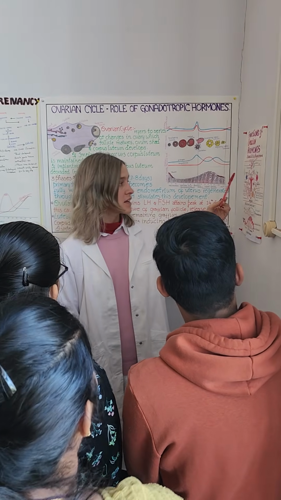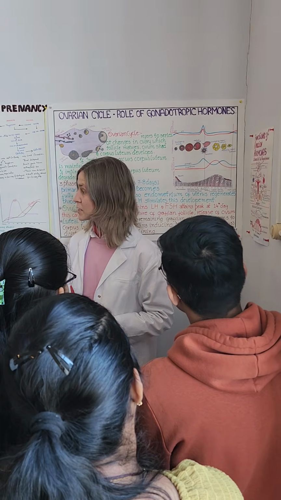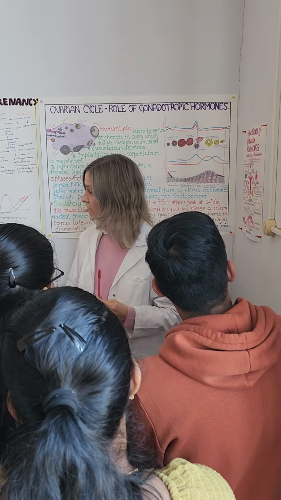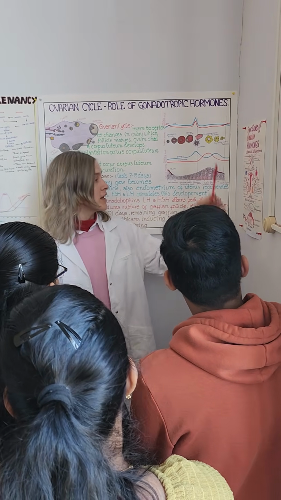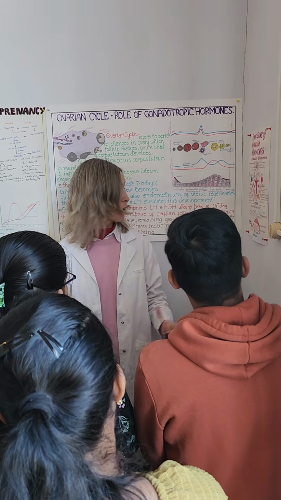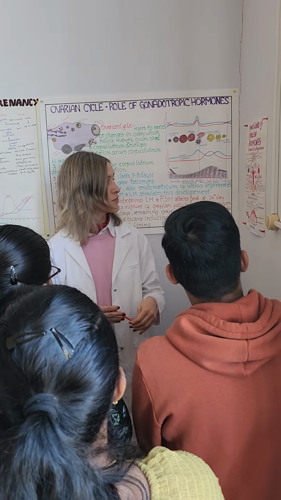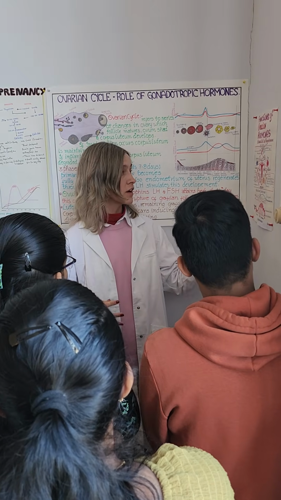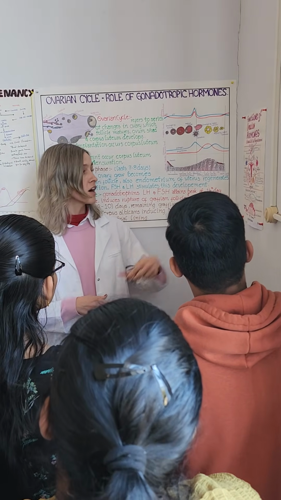But what happens here? The granulosa cells have receptors for two of them, LH and FSH, and theca cells have receptors only for LH. So in the first part of our uterine cycle, also called the endometrial cycle, most of the female hormones are androgens.